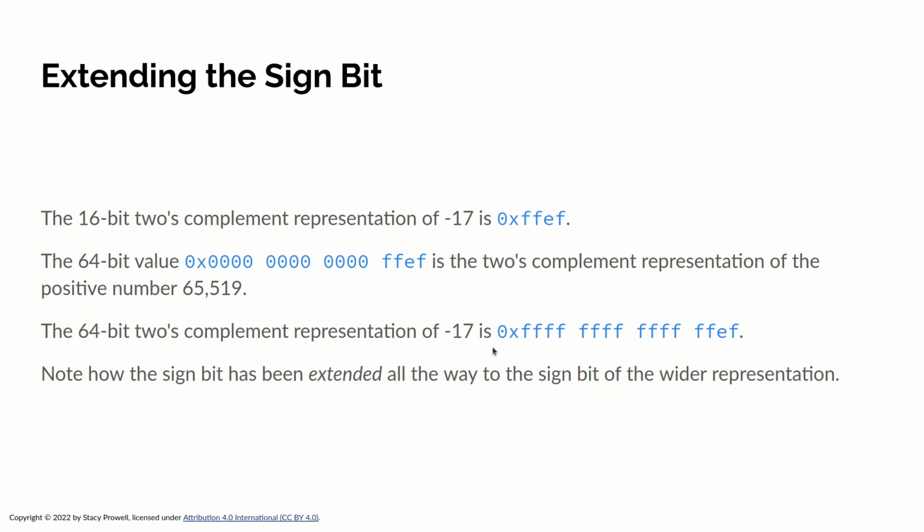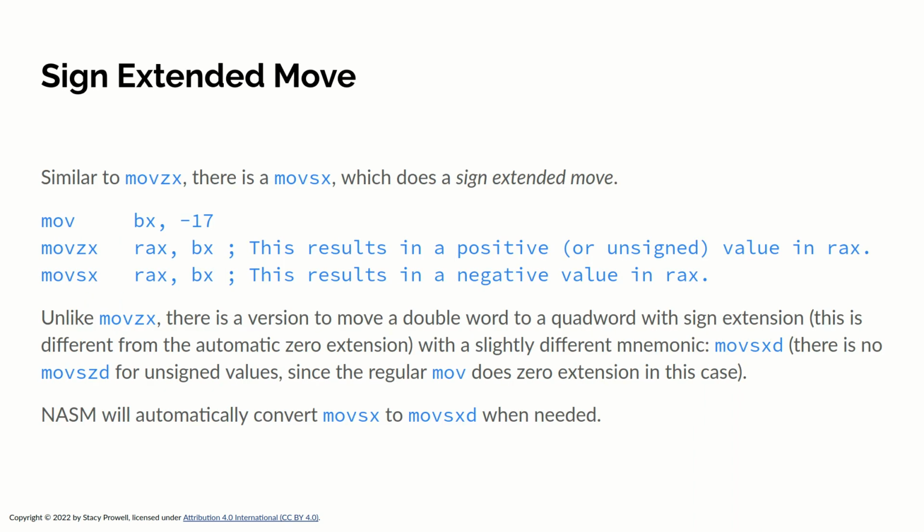So sign bit extension. There must be instructions that do that, and there are. Similar to MOVZX, there's a MOVSX, move with sign extension. There's a sign extended move. So now when I put minus 17 in BX, and then I put BX into RAX here, if I use the zero extended move, I get a positive or unsigned value in here with a bunch of zeros in the high bits.